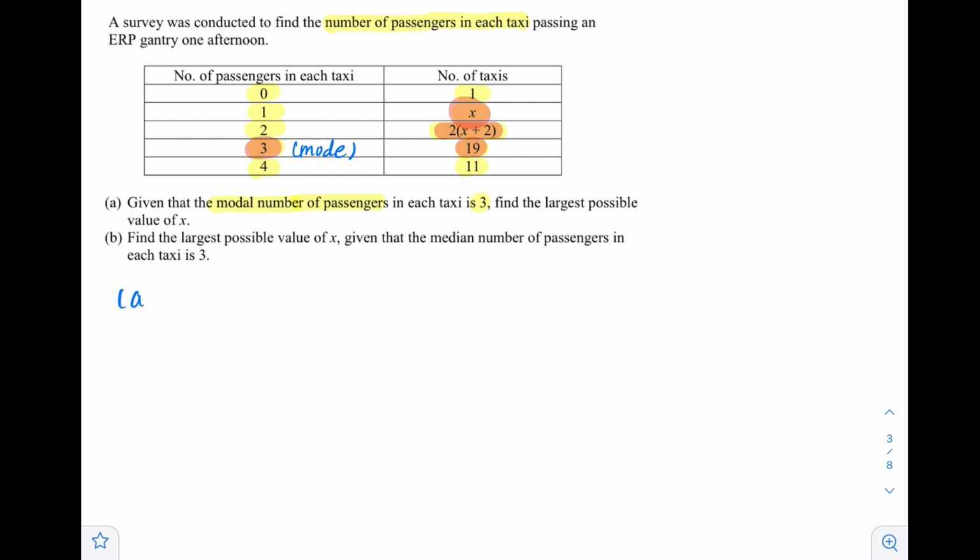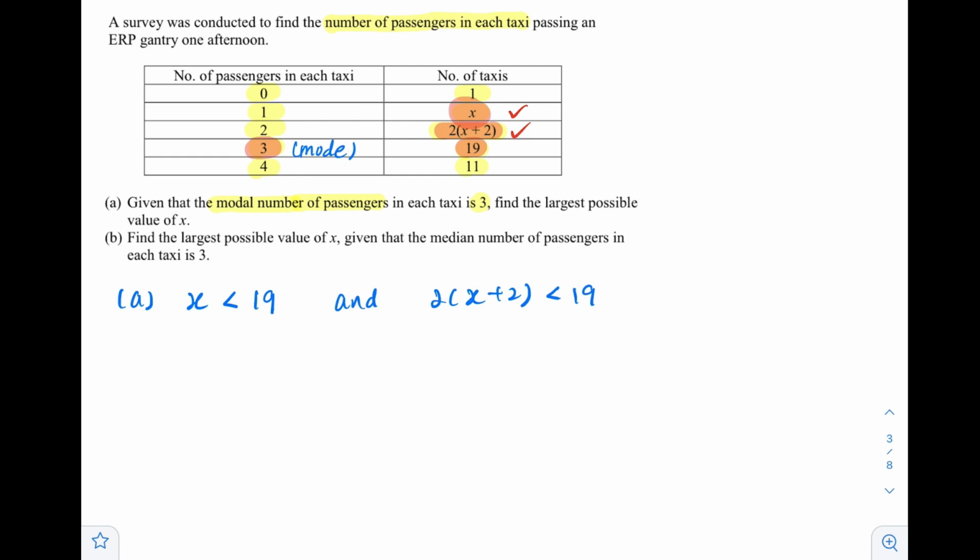So let's consider this: X must be less than 19, and at the same time, 2 times X plus 2 must also be less than 19, because these two values cannot be more than 19. If they are more than 19, then 3 can no longer be the mode.